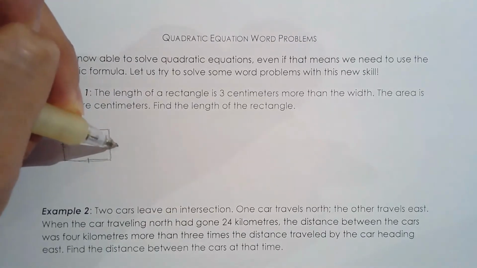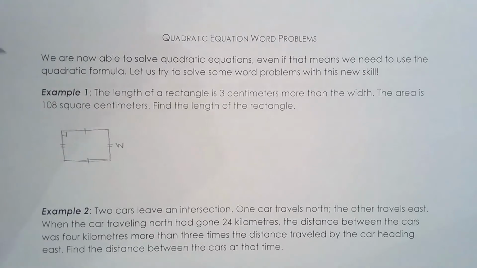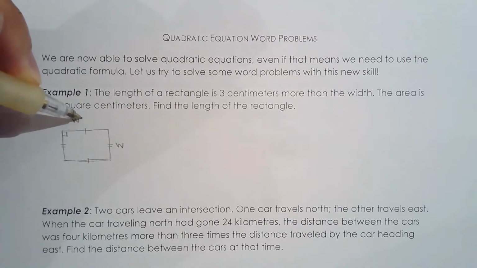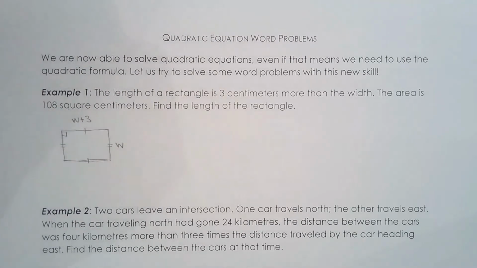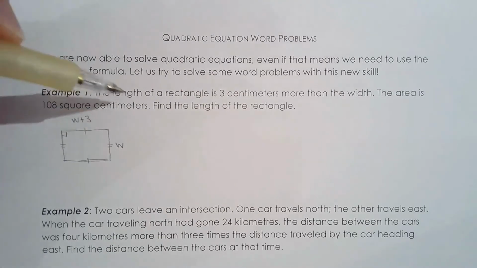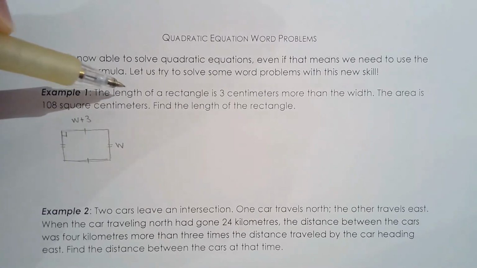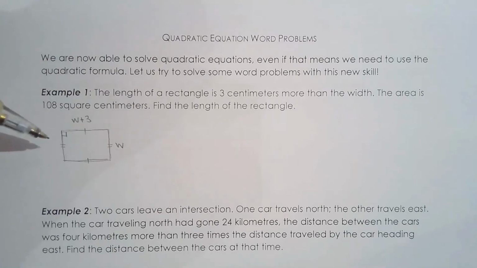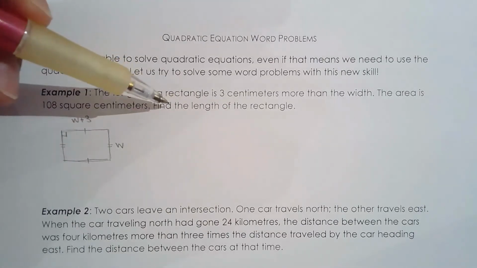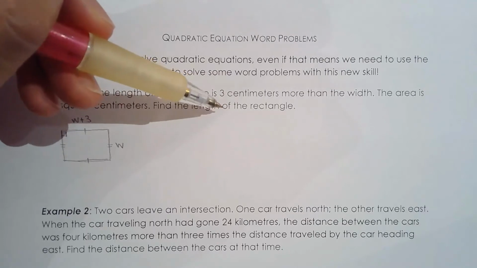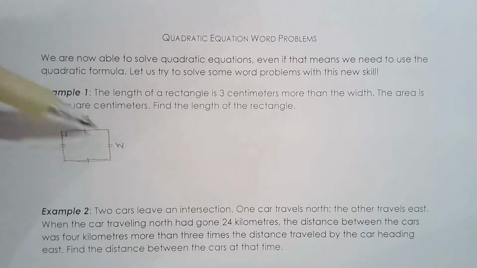So if this is the width of the rectangle, then the length will be W plus 3, because they told us that the length of the rectangle is 3 centimeters more than the width. Now, there's nothing wrong with what I drew, but because the question is asking for the length of the rectangle, this diagram will solve for the width of the rectangle.